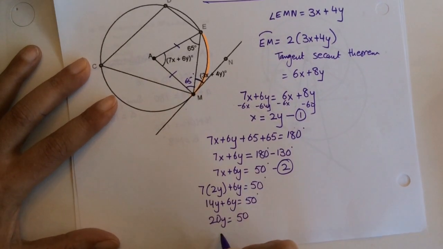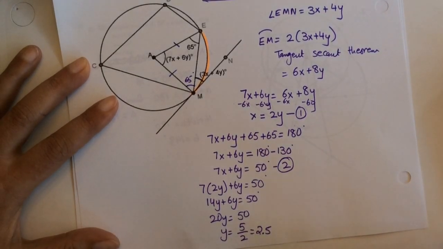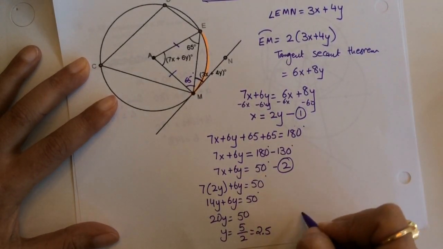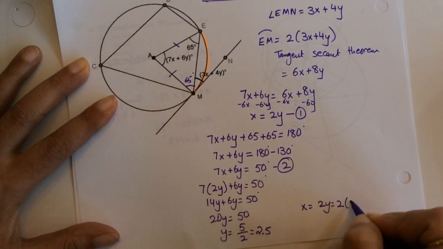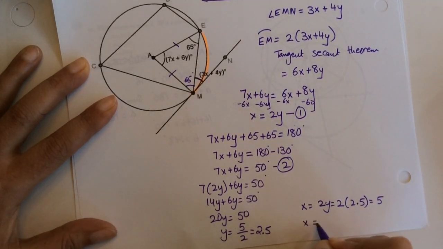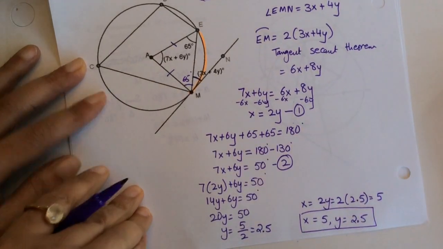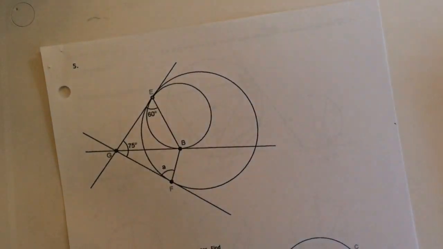So y is 5/2 or 2.5. Now, if I go back and substitute this, my x is going to be 2 times y, or 2 times 2.5. It is 5. So my final solution is x is 5 and y is 2.5. Okay, moving on then to number 5.